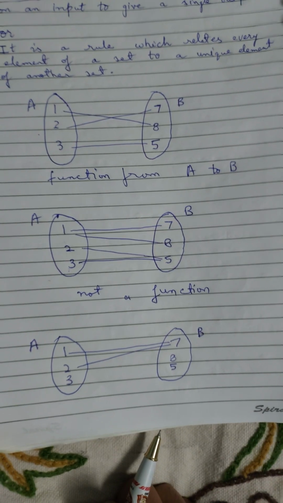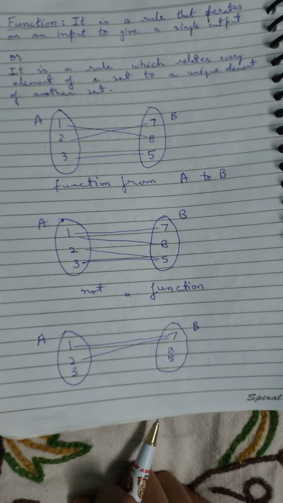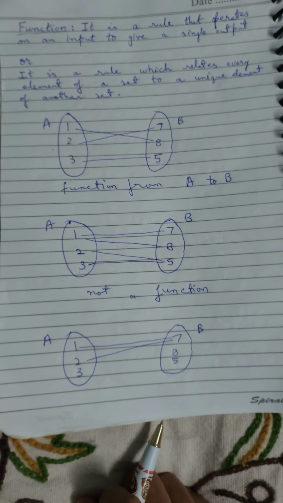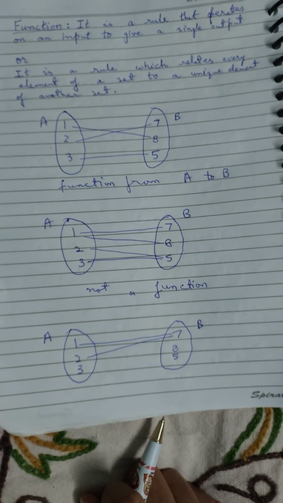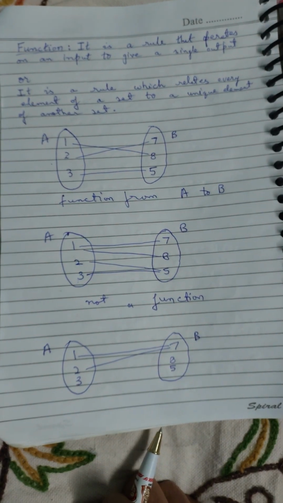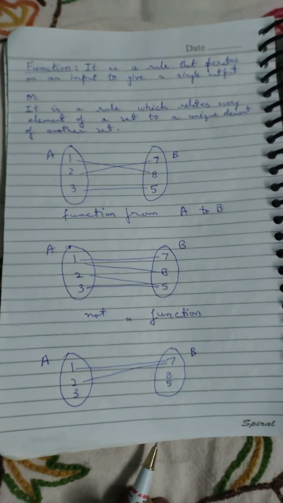Uniqueness is not that. Uniqueness is one element should be related to only one element, not two or three elements. This is how I show it by sets, but this is not important. You may skip this portion.